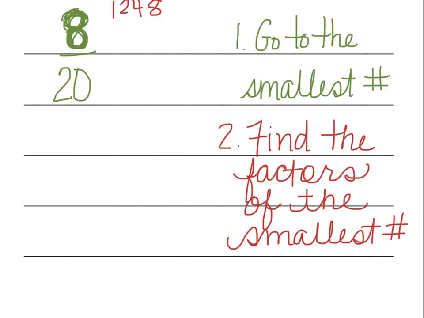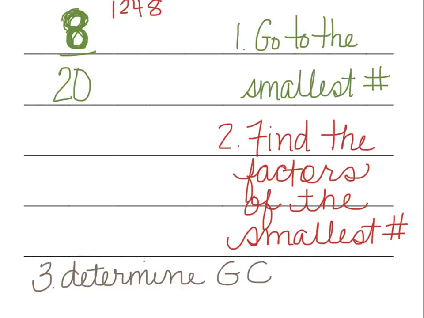Now, step 3, determine the greatest common factor by looking at just what you've written. And go, does 8 go into 20? Nope, it doesn't. So it's out of there.